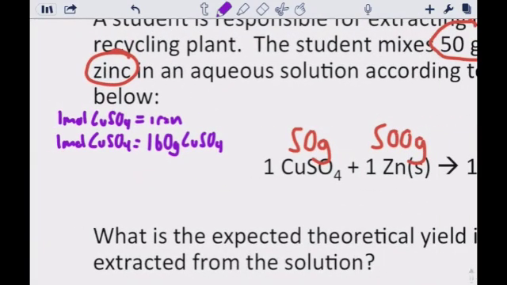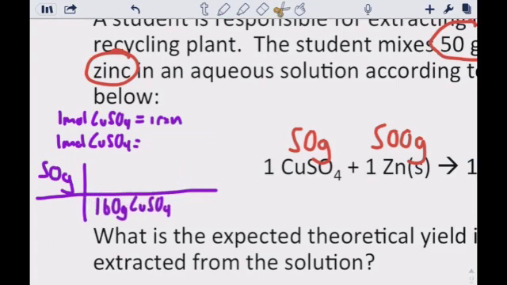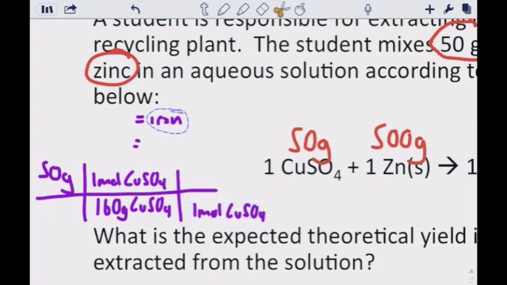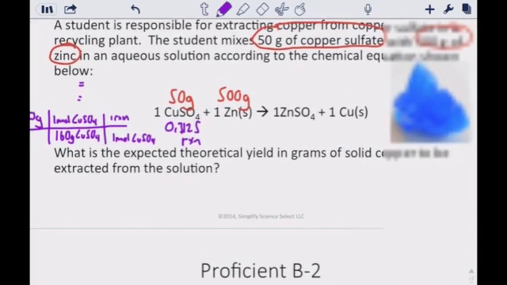We're given 50 grams of our copper sulfate. Grams goes on the bottom, 1 mole goes on the top. Then we keep going, because we don't have the reactions yet, so 1 mole in 1 reaction. And what we'll see is that our copper sulfate will produce 0.3125 reactions.